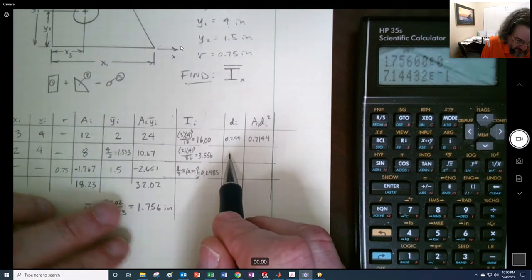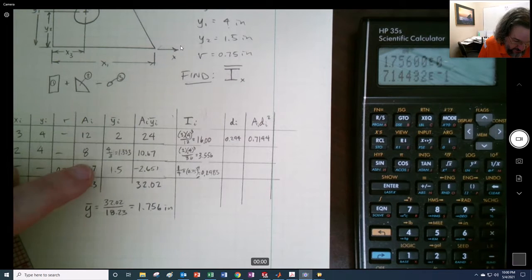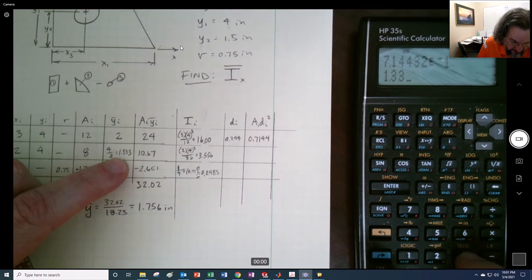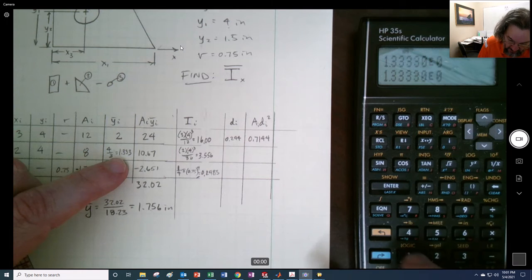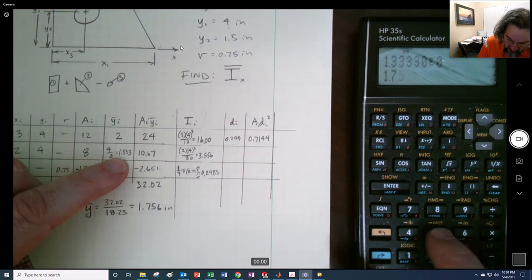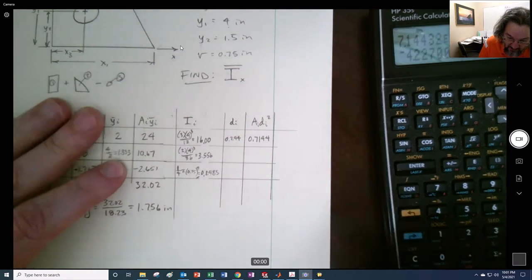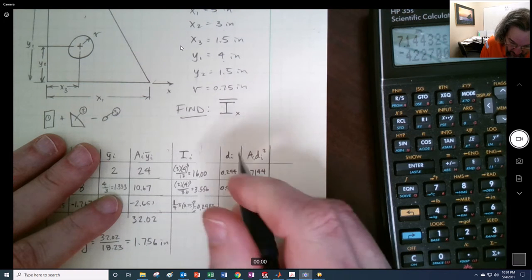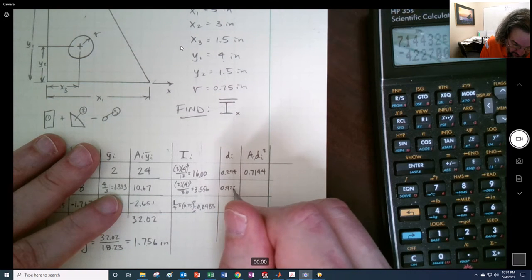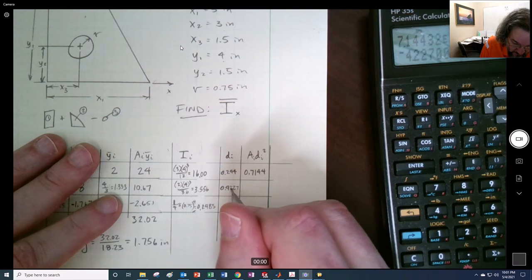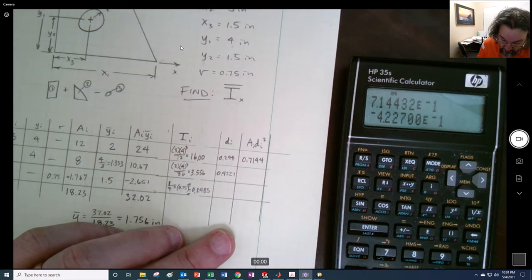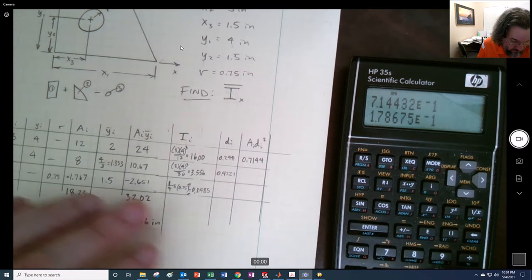This one right here is going to be 1.333 and 1.756. Subtract the 2 and we get 0.4227. And now I'm going to square it and multiply it by 8.